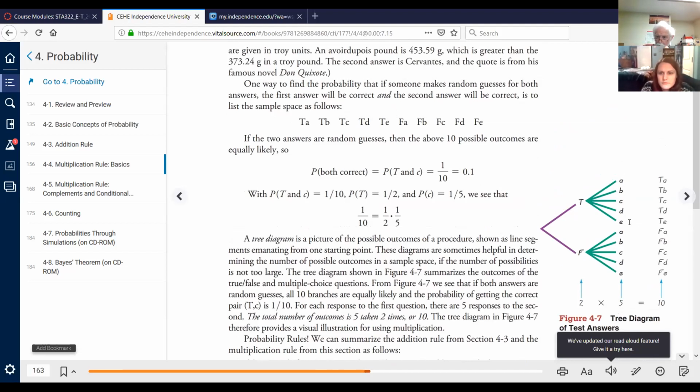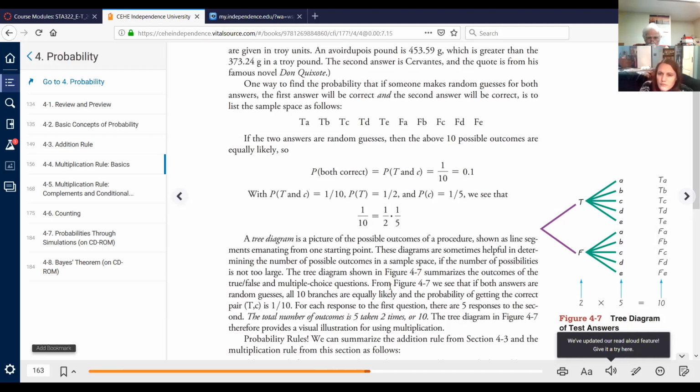But if they didn't have a clue and they randomly guessed, that would be it. Or they could miss the first one. They could say that that's false, that a pound of feathers is not heavier than a pound of gold. And then they still have the same random guessing, 1 in 5 of getting the right answer.